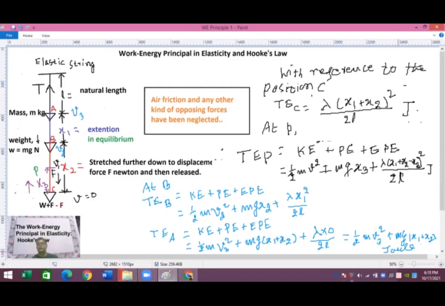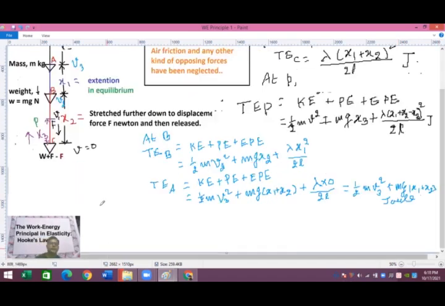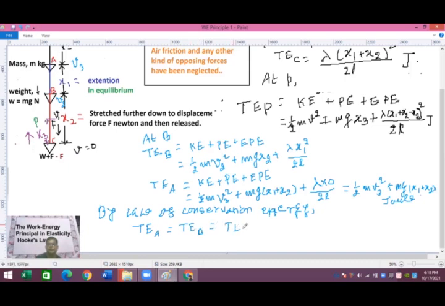And then, by the law of conservation of energy, where we talk about the mechanical energy, you can say that the total energy at A equals the total energy at B, equals the total energy at P, equals the total energy at C, where we have taken C as the main reference point in order to measure the energy at different points along this path.